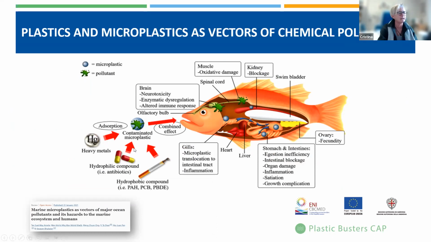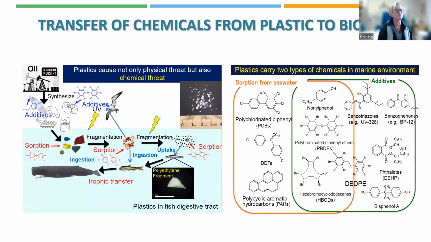But this plastic, when ingested by marine organisms, can generate different kinds of effects. The first one is related to the transport of chemicals, because microplastic itself can potentially affect the toxicological health of the organism. For this reason, microplastic and marine litter can have two different toxicological effects.